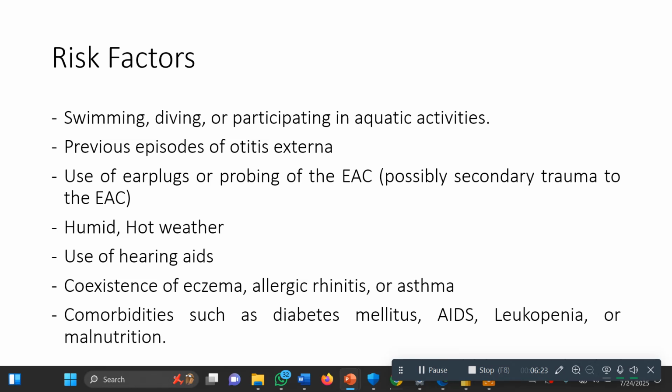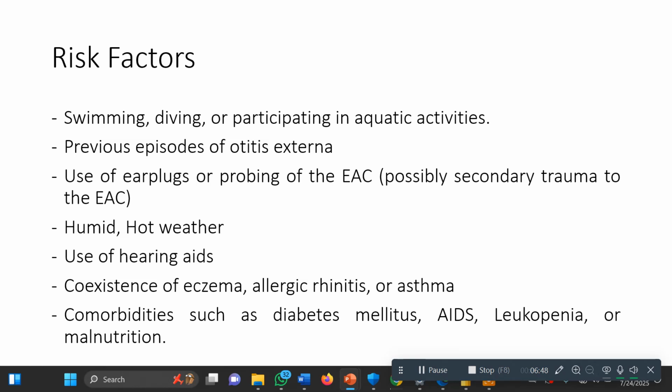The common risk factors for otitis externa are swimming, diving, or participating in aquatic activities or sports, or patients who have had previous episodes of otitis externa. Use of earplugs or probing of the ear canal can result in secondary trauma, causing acute otitis externa.